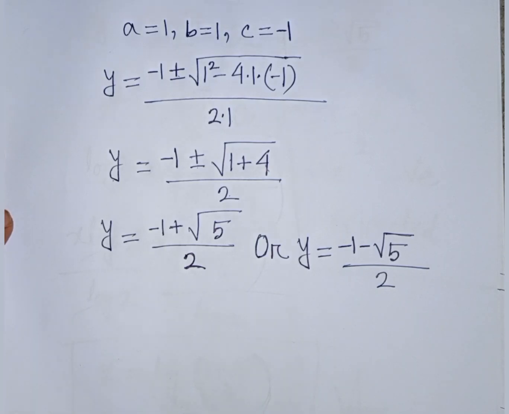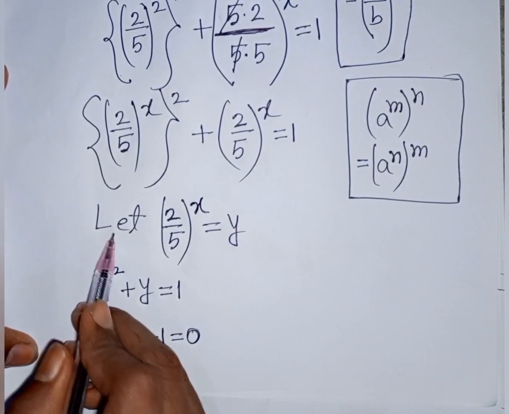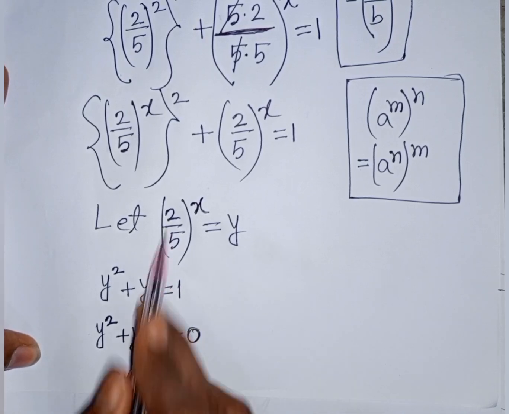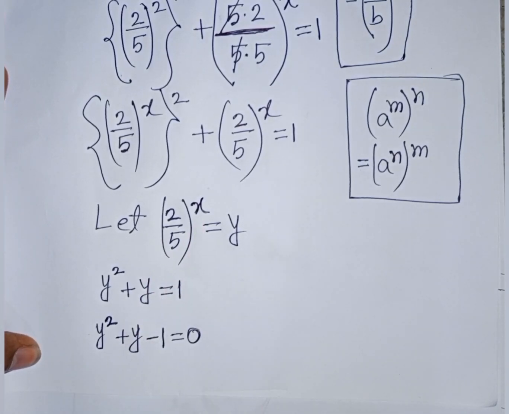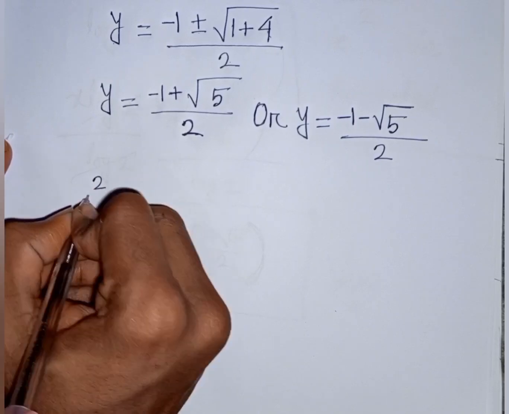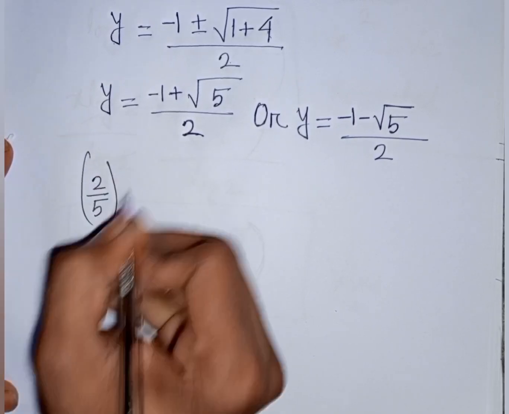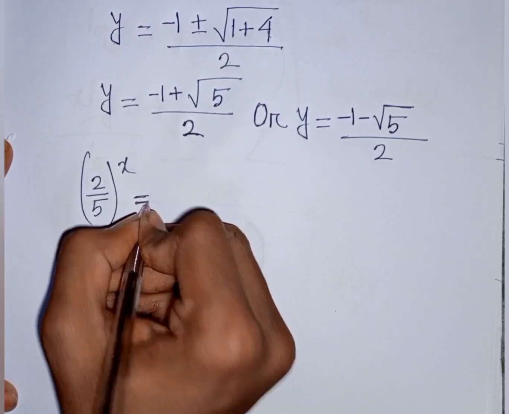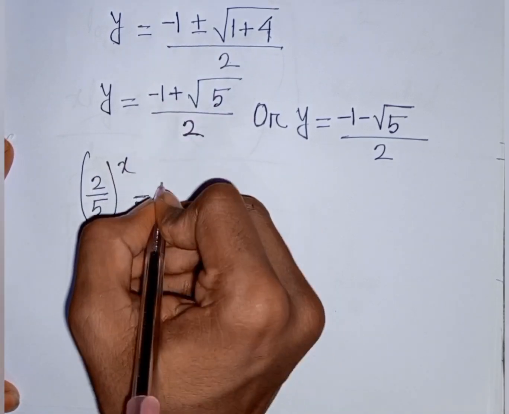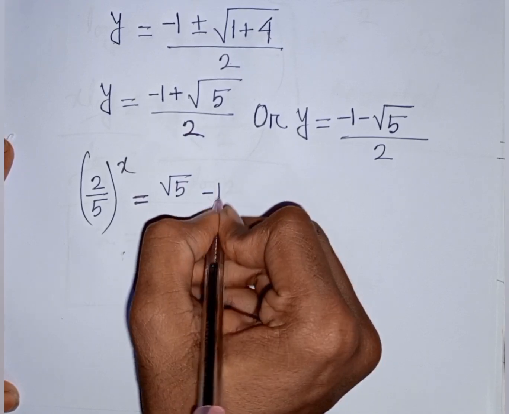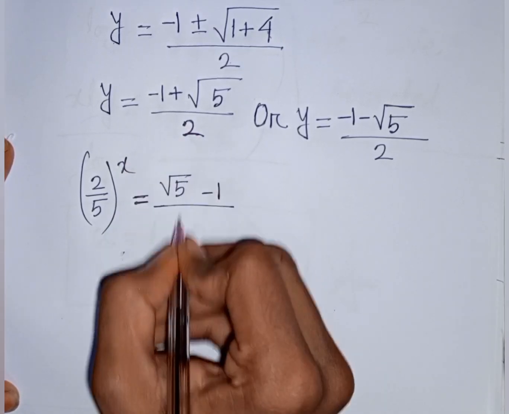But remember that we let 2 by 5 bracket power x be substituted by y. So y, that means 2 by 5 bracket power x, will be equal to plus a square root of 5, minus 1, divided by 2.